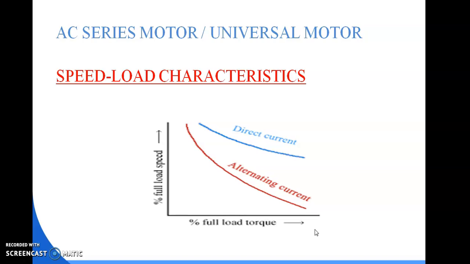As load increases, the speed will decrease. See, this is for direct current, this is for alternating current. For a high value of loading, the speed will be less, and for a low value of loading, the speed will be high. Here you can see.